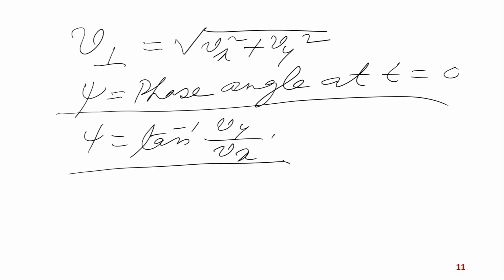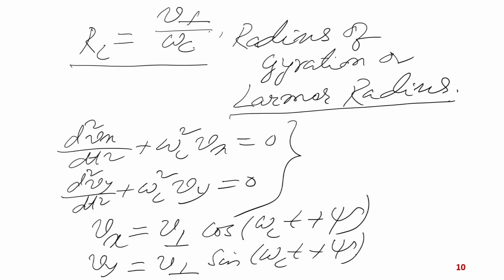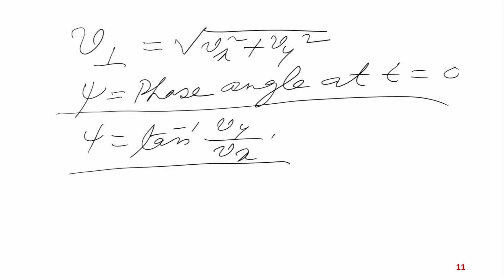So, whatever we have already shown by the concept of force, if I solve this equation, this represents the equation of a circle. Now, what will be the trajectory? In the xy plane it is a circle, but in the z direction it is moving.